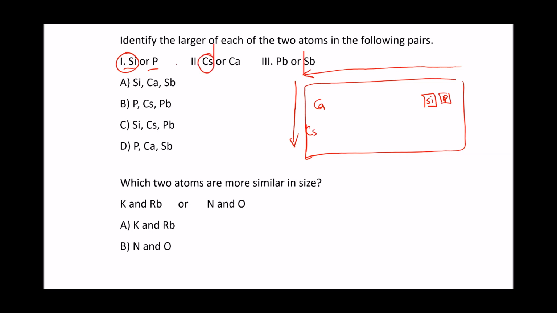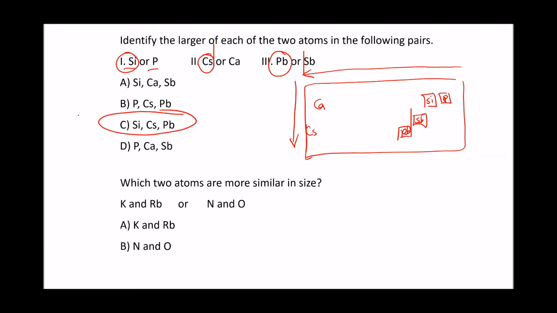And then if you locate antimony versus lead, antimony is going to be right here in comparison to lead, which is both downwards and to the left. So that again makes lead larger. So C represents the set of the larger elements in comparison to the other set.